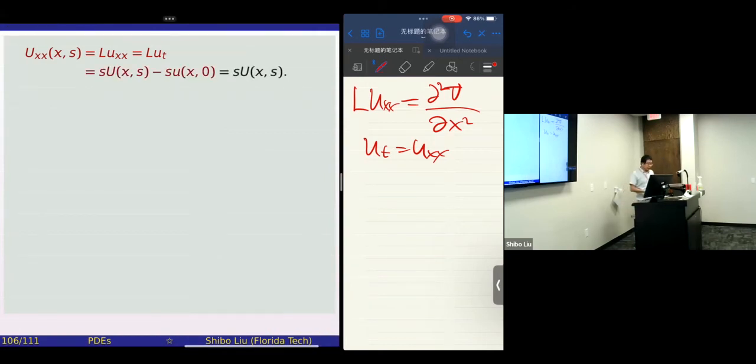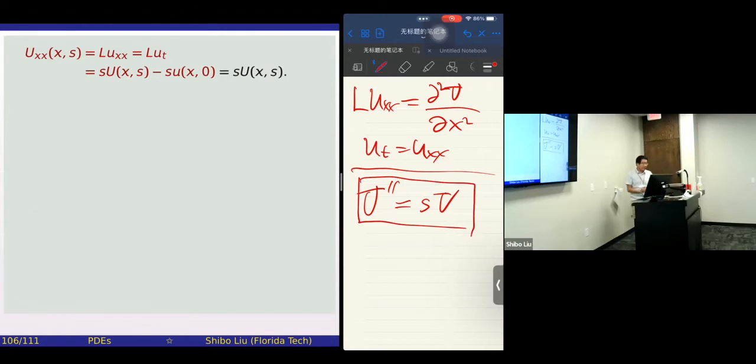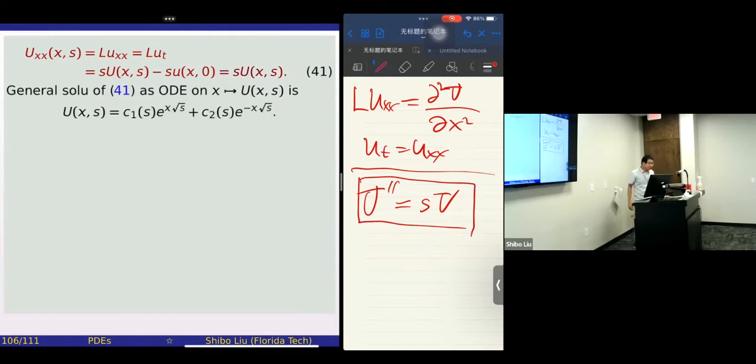sU. So this can be considered as an ODE for capital U, as a function of x. The left hand side is U double prime equals sU. This is the ODE that the Laplace transform of our solution satisfies. Now you can find the general solution.